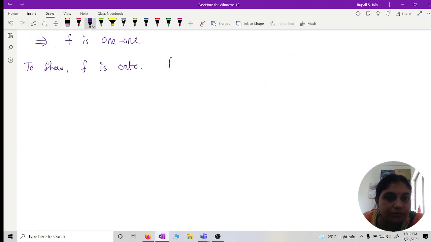F from N to Z. What is meant by onto? For every element in the codomain, we should have a pre-image, right? So let z belong to Z. Again, it will be either a positive integer or a negative integer.